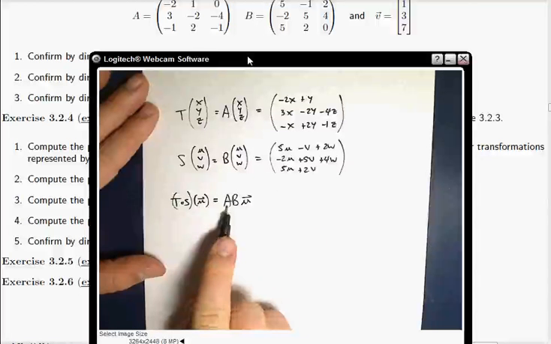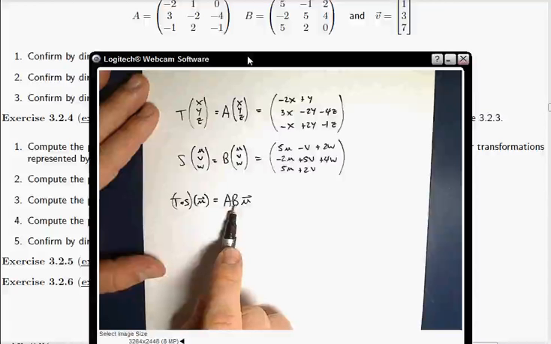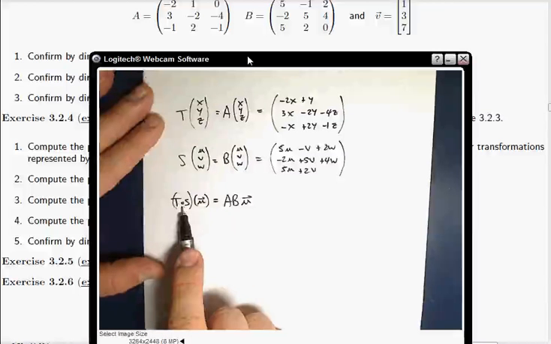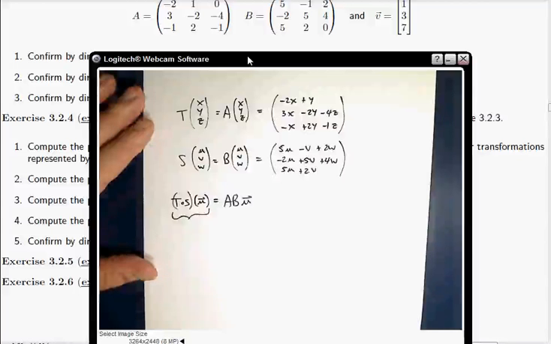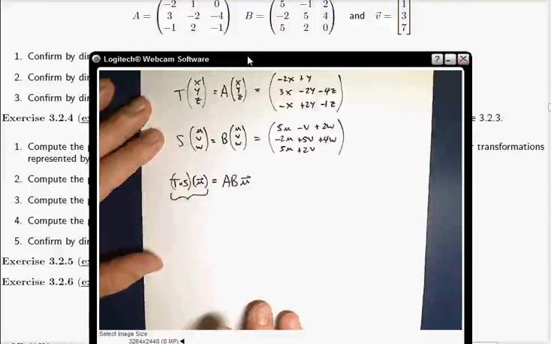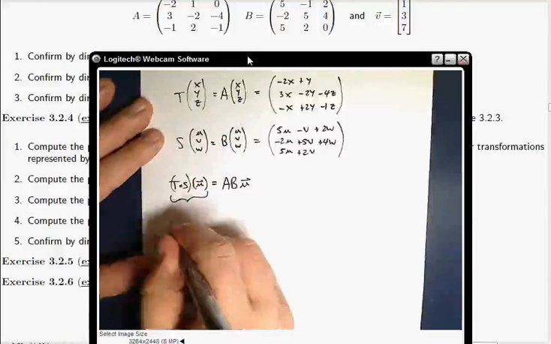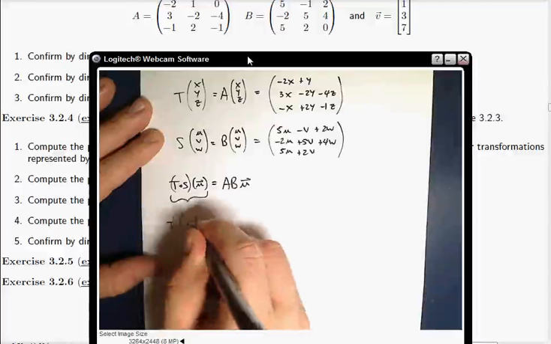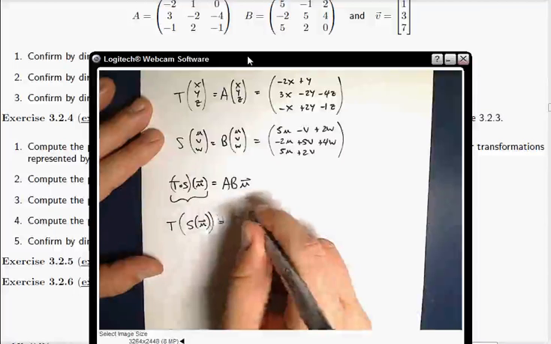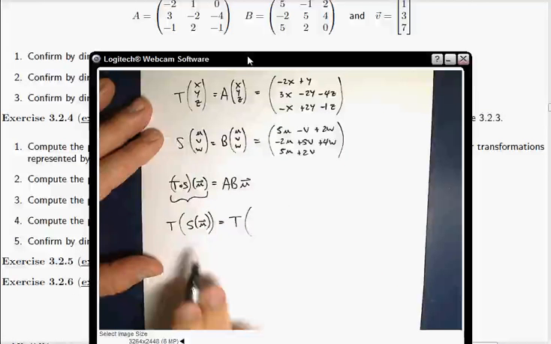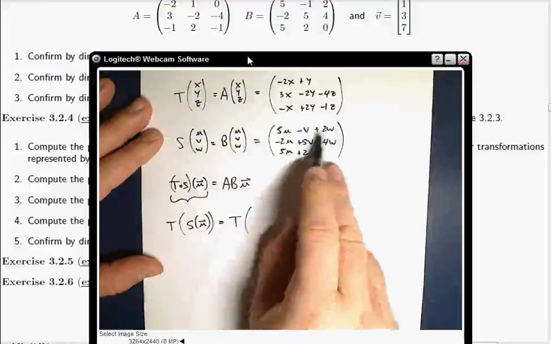This is the definition of a matrix product: the product matrix is the matrix that corresponds to the composition of the 2 linear transformations. So I'm going to brute force compute this. It's a little effort, but we're going to be taking T of S of U. Here's S of U, all of this jazz here.